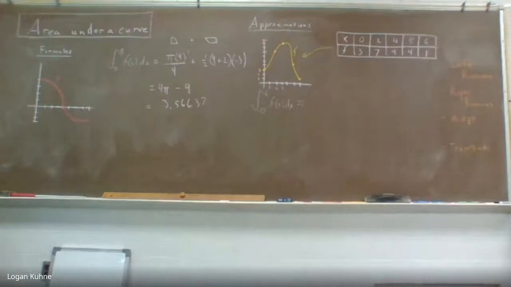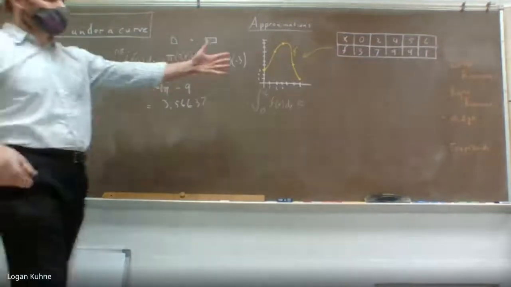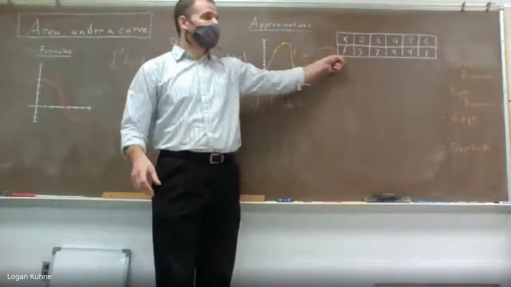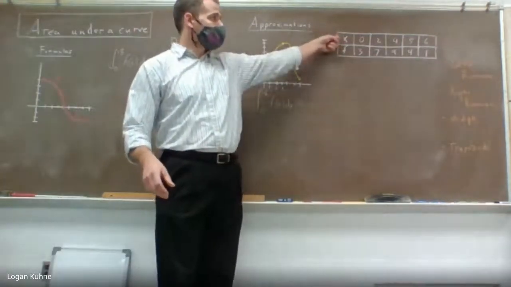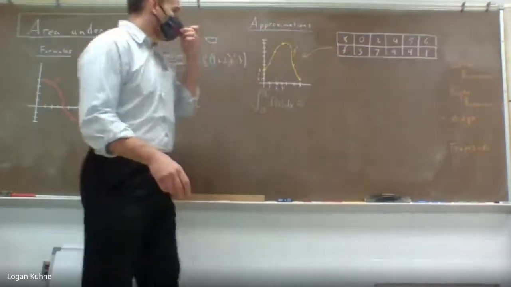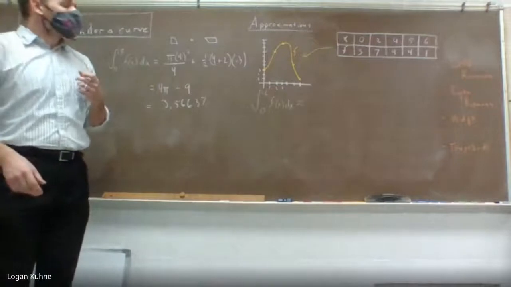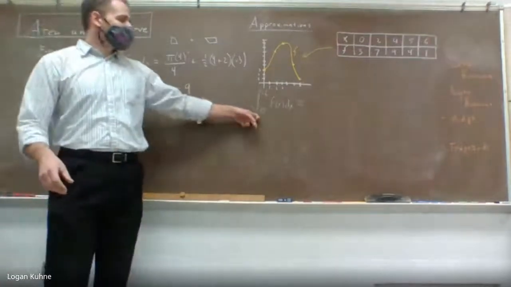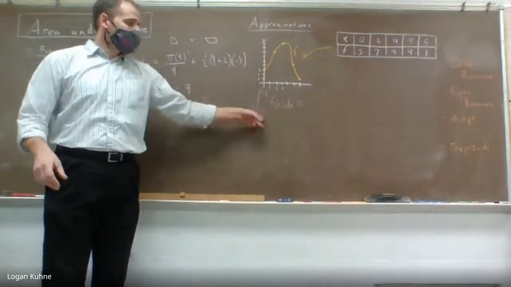But what happens when it's not nice shapes? What if this is the only information you have? Here's x, here's f. How do I find the area under f from 0 to 6?